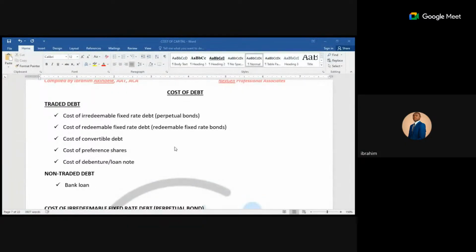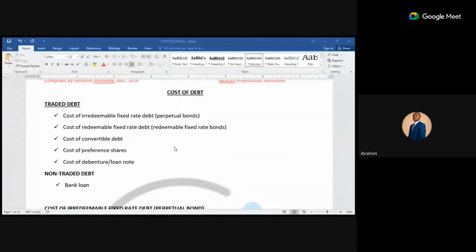A company, I think early this year or last year, wanted to raise funds from the money market. If I say money market, I'm talking about debt instruments, right? They want to raise debt. They want to raise funds from the market.